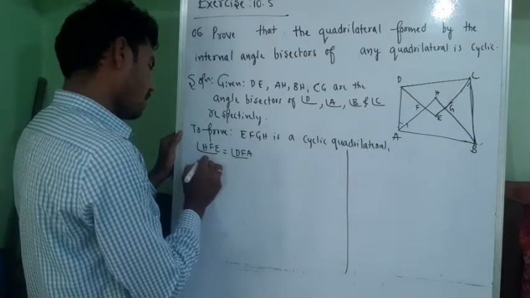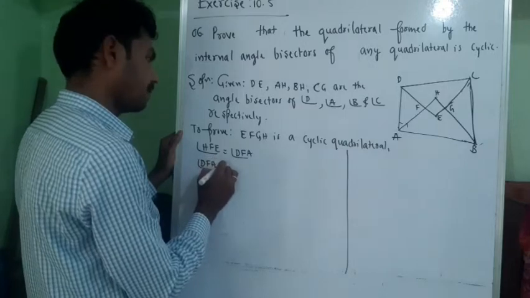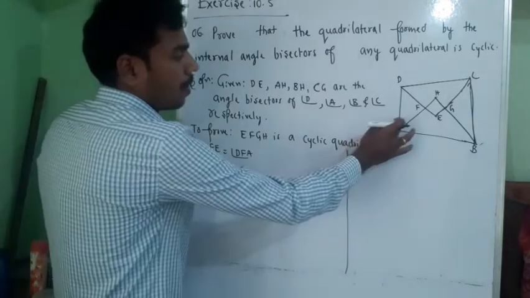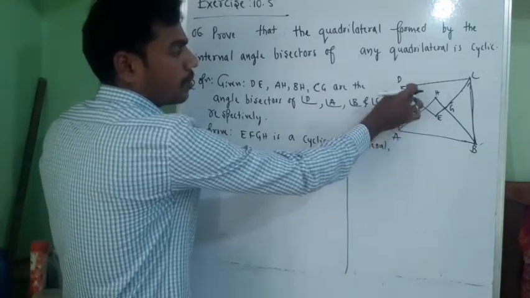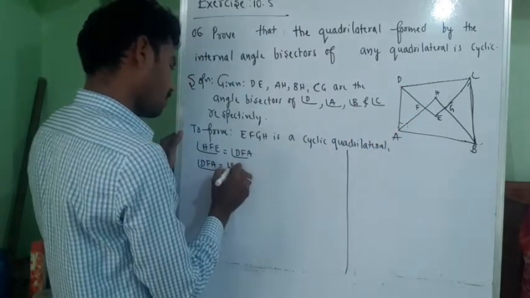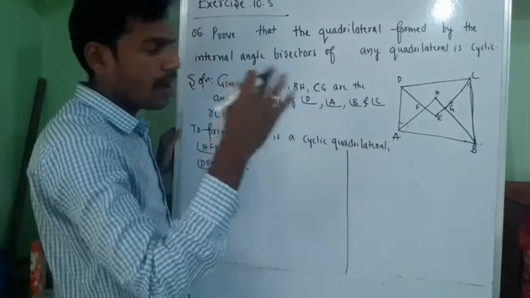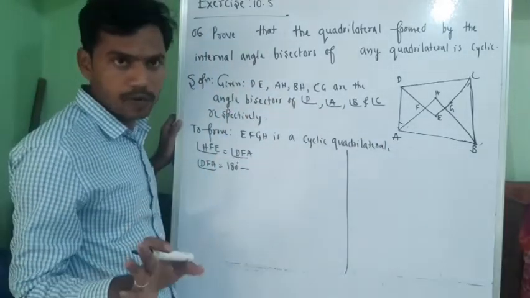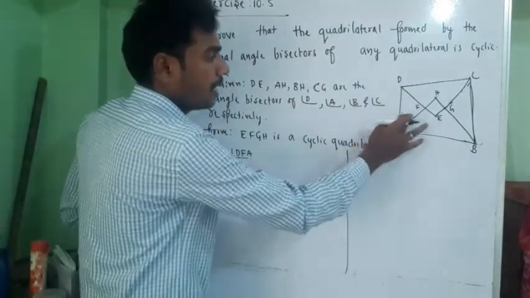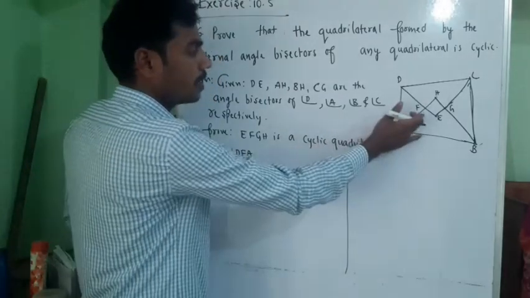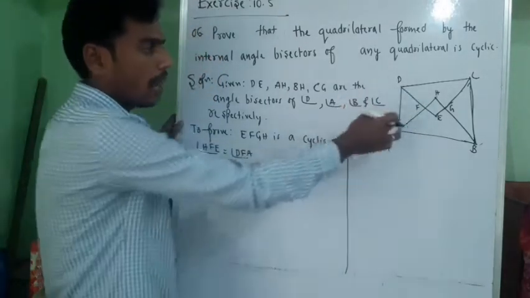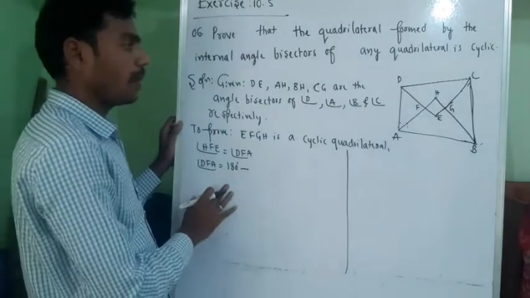Fine. So now angle DFA can be written as 180 minus these two angles. See, the sum of all the angles of a triangle will be equal to 180 degrees. So if I subtract these two angles from 180, I'll get this angle. Same thing I am using.